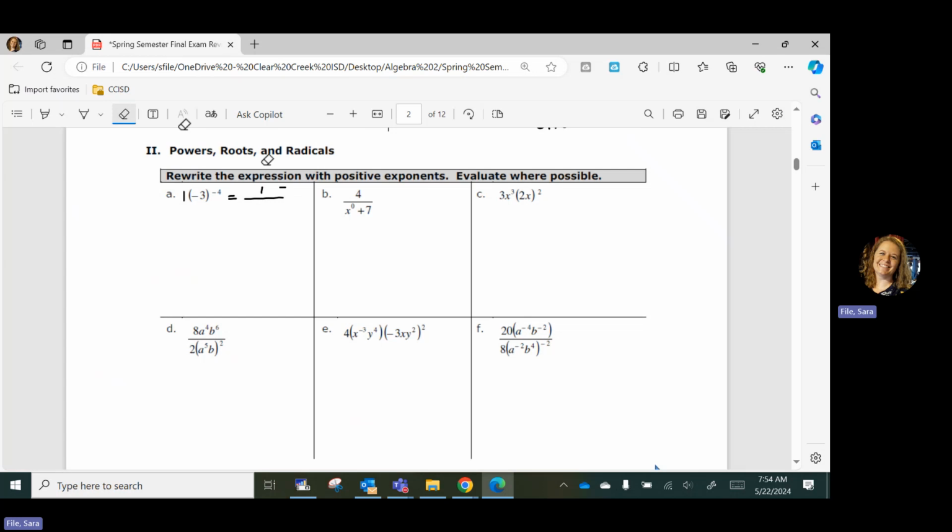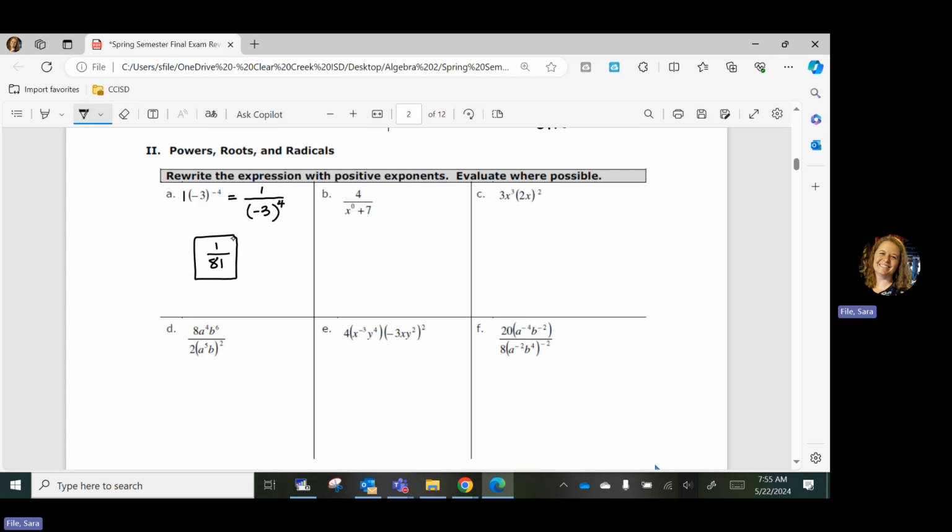Okay, and so this negative 3 goes to the denominator, and that negative 4 can change to a positive 4 because we moved the term to the denominator. Now, you can use Desmos or you can just calculate in your head, but negative 3 to the 4th power is 81. Okay, negative 3 times negative 3 times negative 3 times negative 3. Okay, so we have 1 over 81. So we evaluated that one.